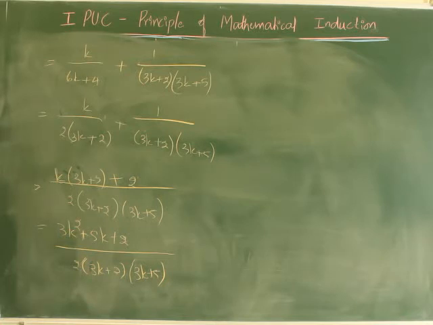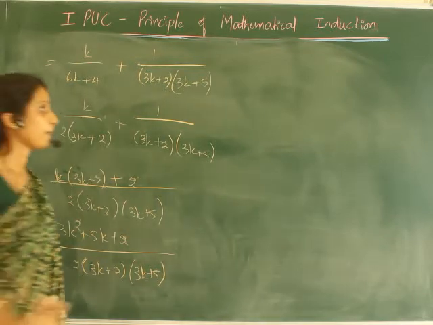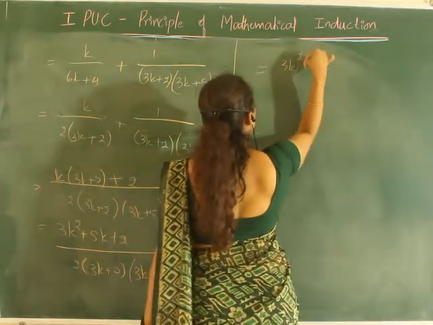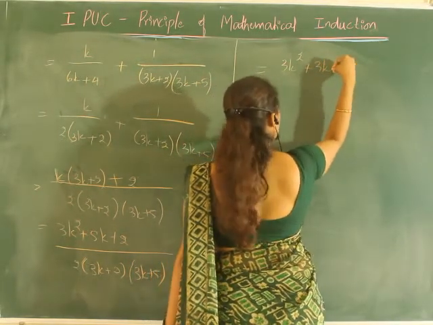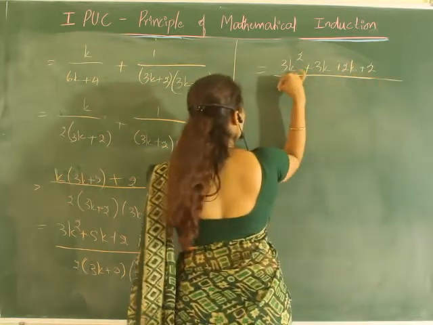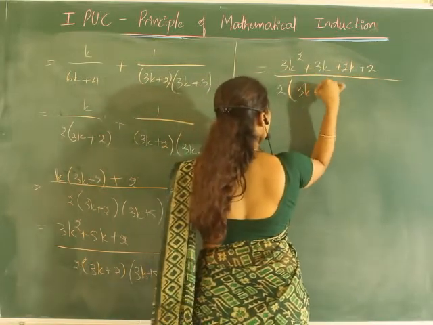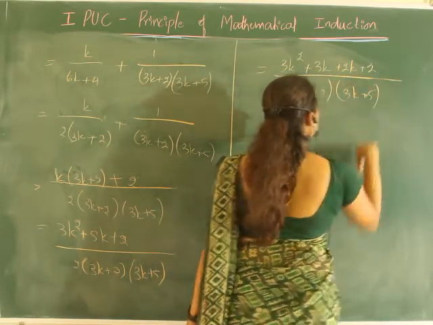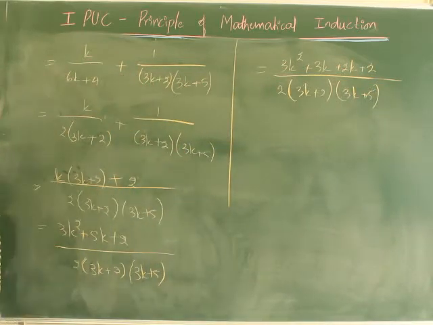I can split the middle term: the product should be 6 and the sum should be 5, so I can write it as 3k and 2k. I have split that 5k as 3k and 2k.